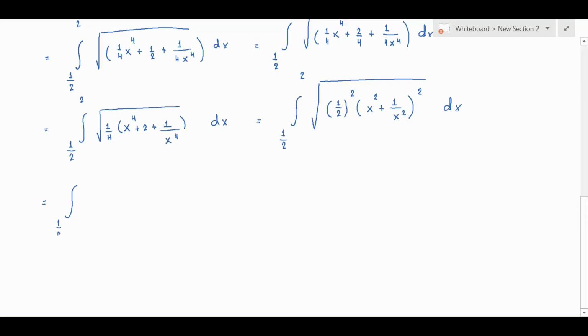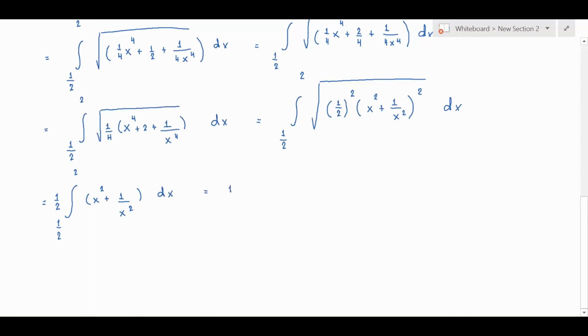Now I have two of them, so I can bring out the 1/2 because it's a constant. What comes out of the square root is just 1/2, and you're left with x squared plus 1 over x squared. The radical disappears because you have two of them, dx.